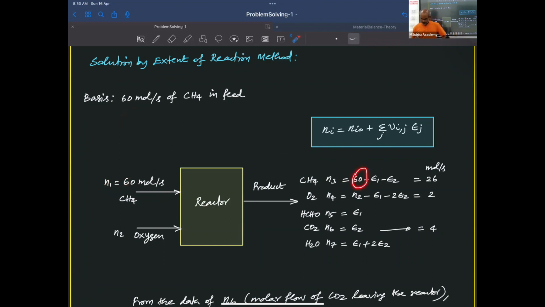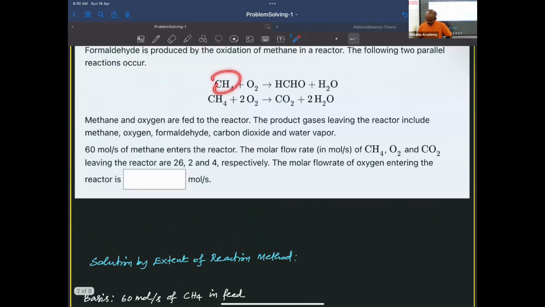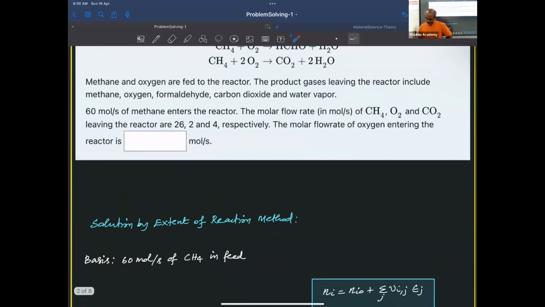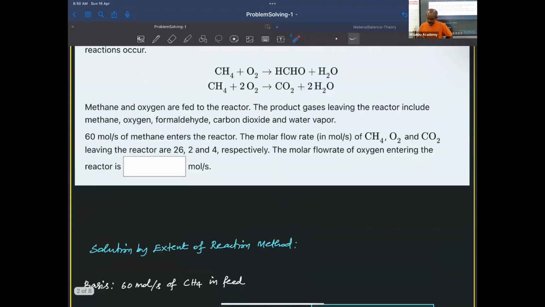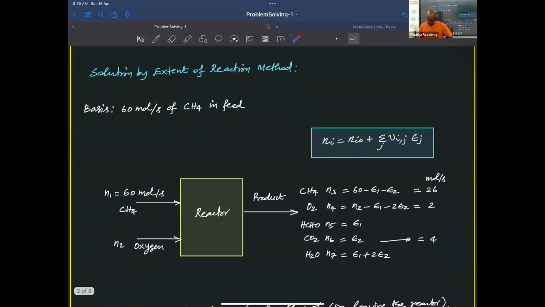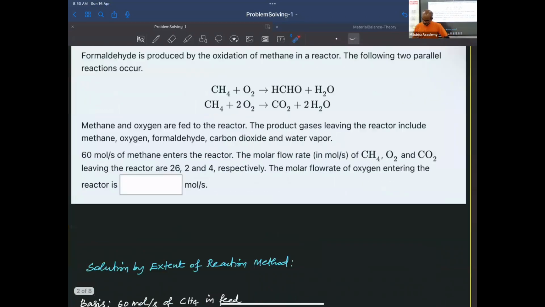And what is the term for this CH4? It is the summation of nu ij Ej, where nu ij is the stoichiometric coefficient of species i in the jth reaction. What is the nu for this CH4? It is -1, and it multiplies E1, because the extent of the first reaction is E1.